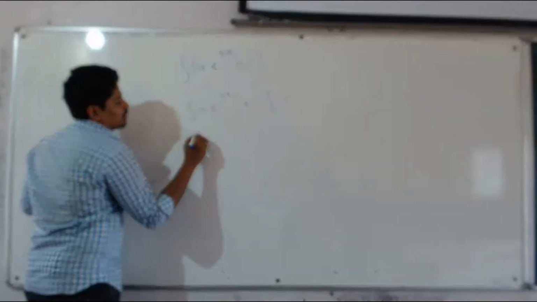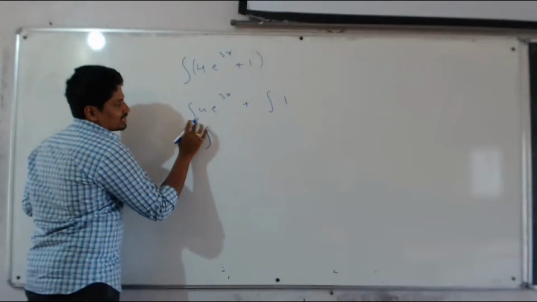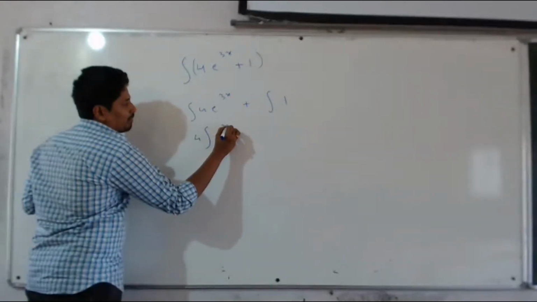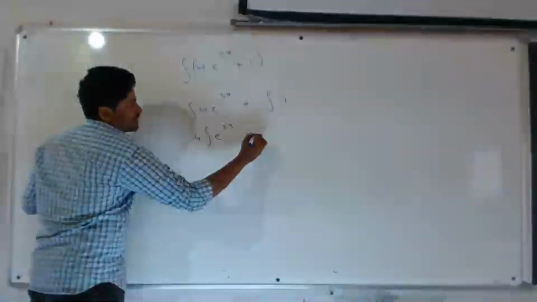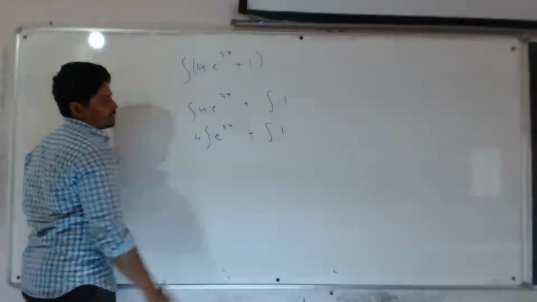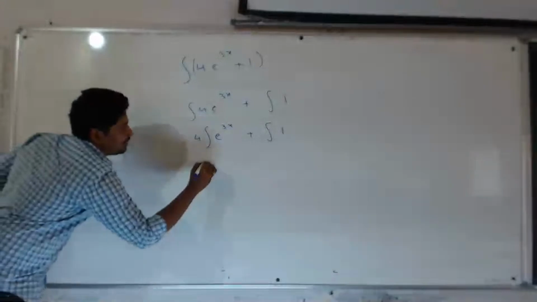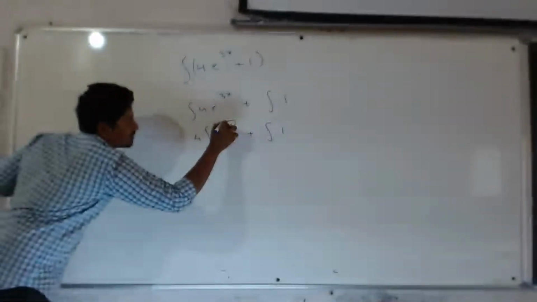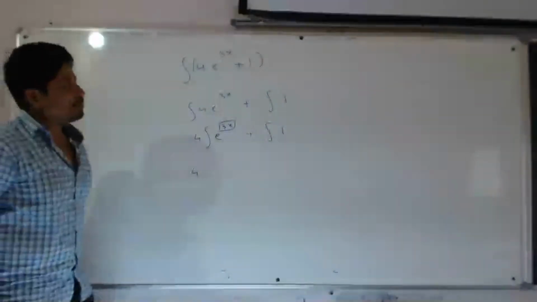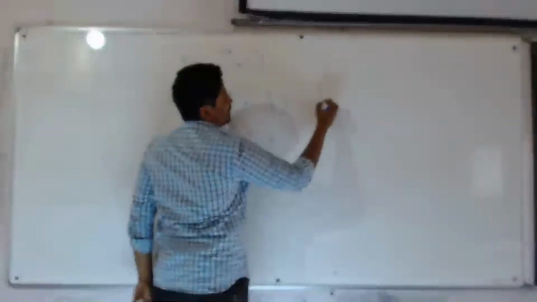See here. 4 will come outside since it is constant. Integral e power 3x plus integral 1. Here, if we consider this as x, it will be of the form e power x. What is the formula for e power x?